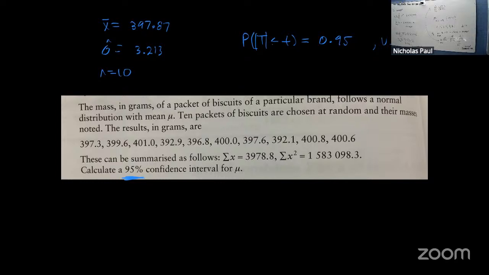Anybody have those values for sigma? So what formula do you use for variance? Same formula, 1 over n minus 1, same one I used just now. I got 10.325.